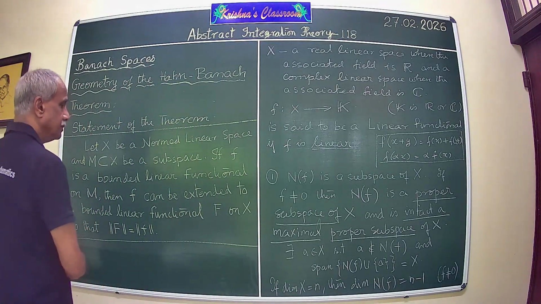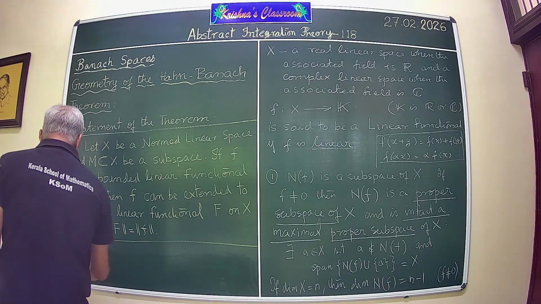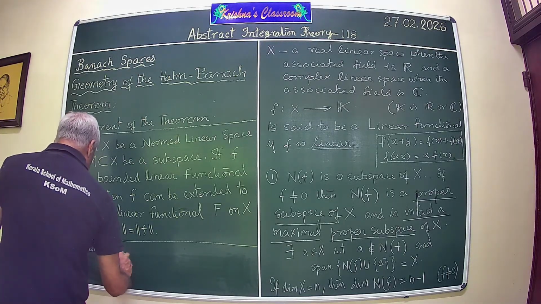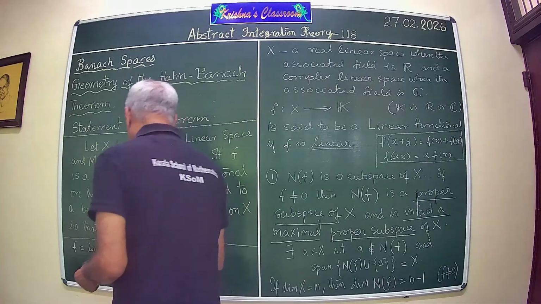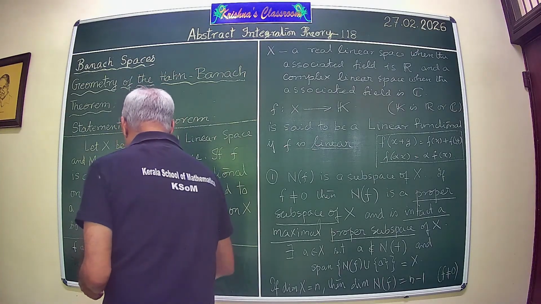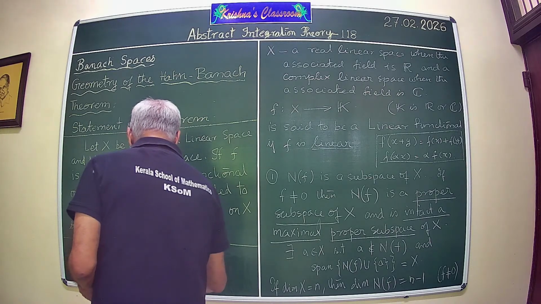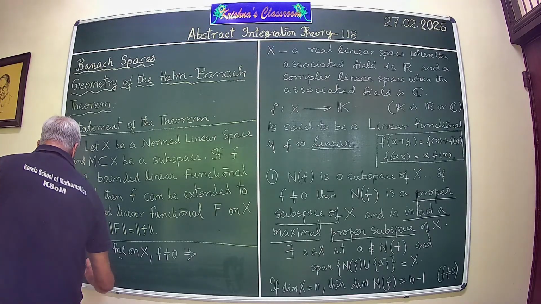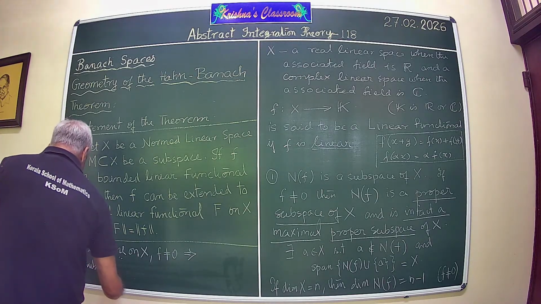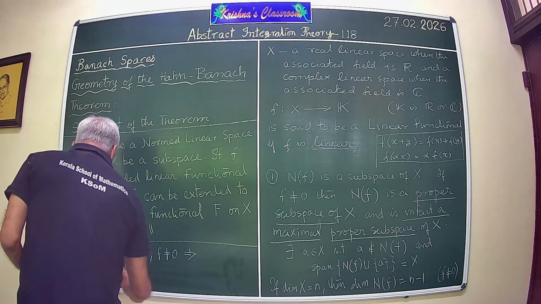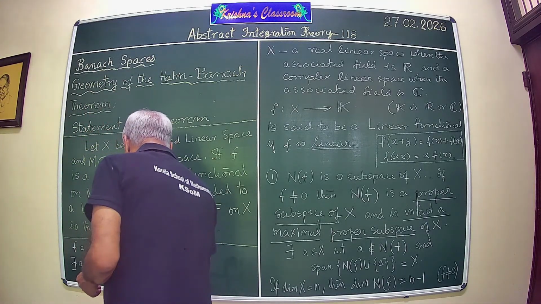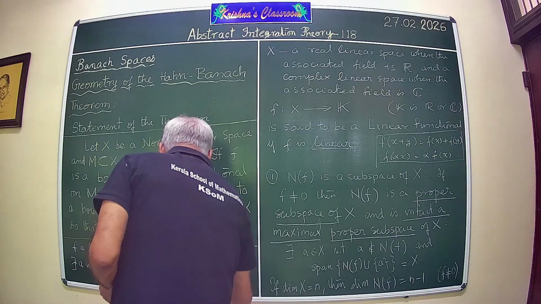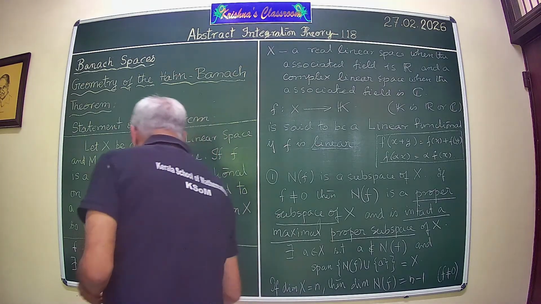So we can say that f, a linear functional, has a null space that is a maximal proper subspace.